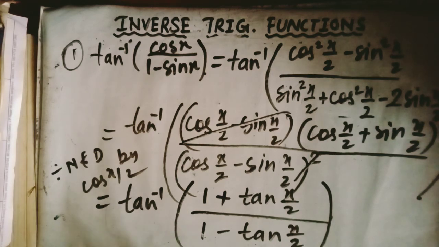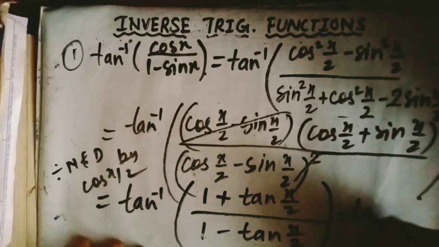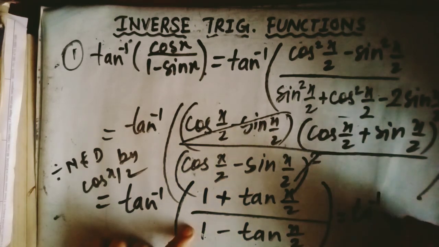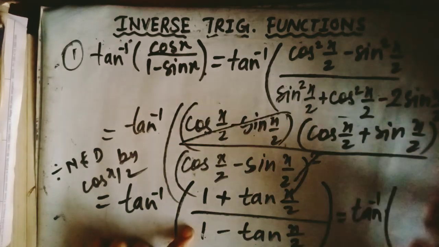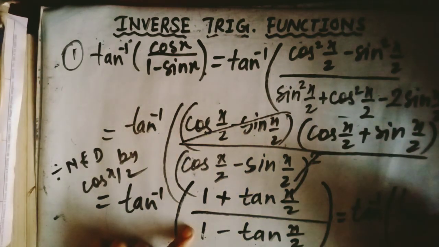If you use the formula of tan(a plus b), what will you get? Tan a plus tan b upon 1 minus tan a into tan b, right? So in place of a I am writing pi/4, and in place of b I am writing x/2. So you will get this required result, tan inverse of tan(pi/4 plus x/2).